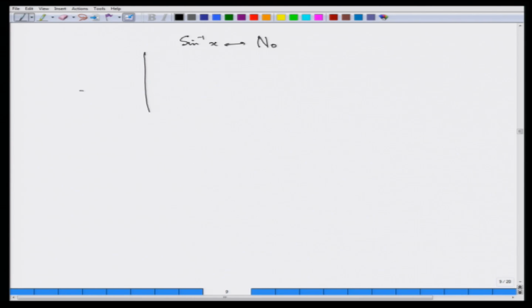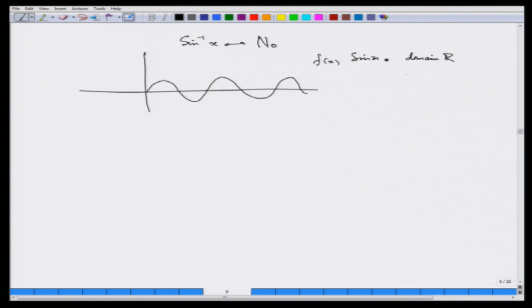Because, for example, if you draw the graph of sin x, what would happen? Sin x is a function whose domain is R and whose range, by the way, is -1 to +1. All the values vary between -1 and +1. For such a function, what is the meaning of sin inverse x?